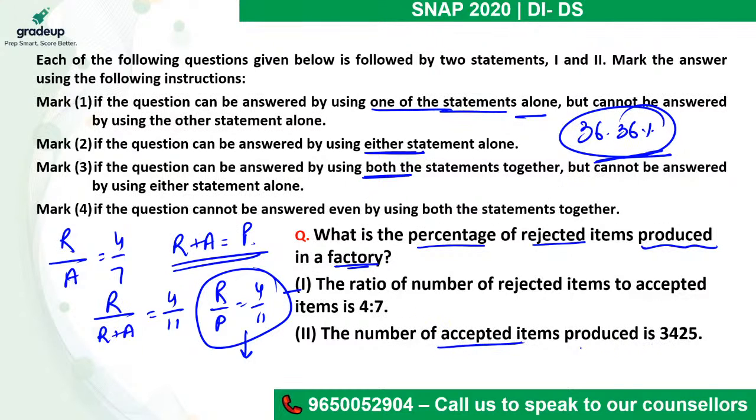Accepted items produced is 3425. Accepted is 3425, but how many are rejected? Unless I have the rejected ones, I cannot figure out the percentage of rejected ones. So therefore, I can say statement 1 is sufficient to answer, 2 is not sufficient to answer, and hence option 1 will be the correct answer for this question.